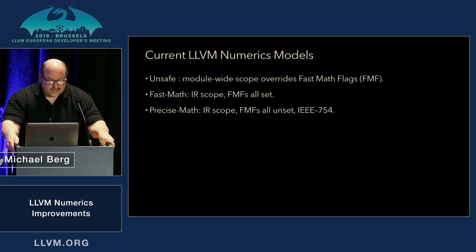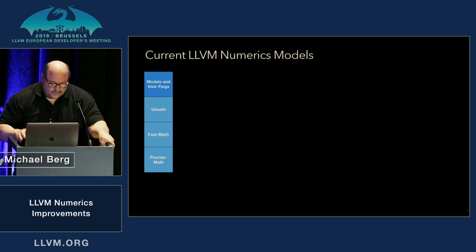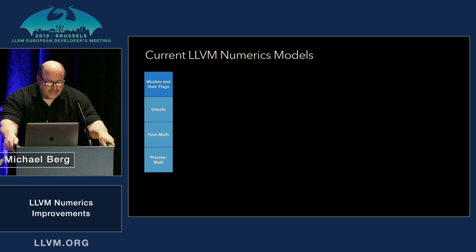It just utilizes IR to map controls for each thing. And precise math, which is also IR scope and doesn't use FMF, but its main existence is for compliancy to IEEE 754. Now, we'll talk about how each of those flags map into those models and what their attributes are.